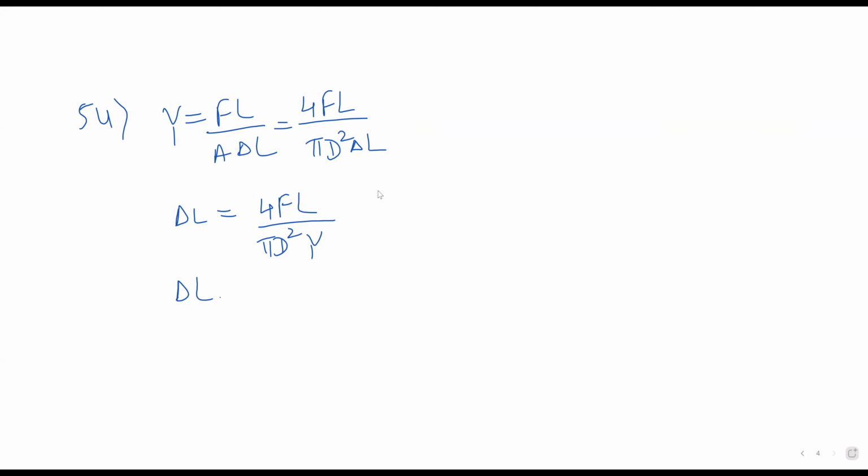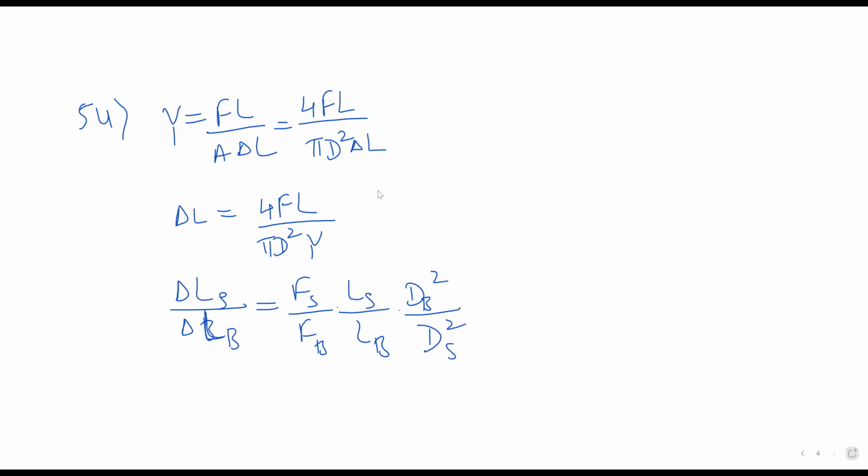For 2 wires, steel and brass, we have to take the ratio. So therefore delta L for steel and for brass wire is given by Fs divided by Fb into Ls divided by Lb into d square for brass as well as for steel, and Young's modulus of brass to the Young's modulus of steel. So S means steel, B is brass.